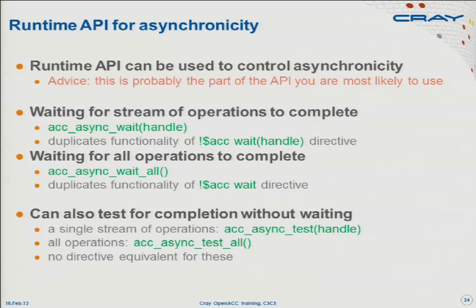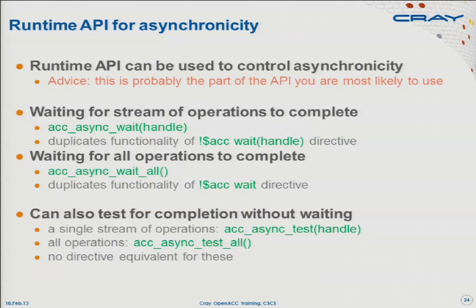The API that you're most likely to use is the stuff to do with the asynchronicity. Just like there was a wait directive to have all the asynchronous things finished, you can call a runtime function. And just like you could wait for a particular stream of tasks to finish, there's a function that you can call that will do that for you.